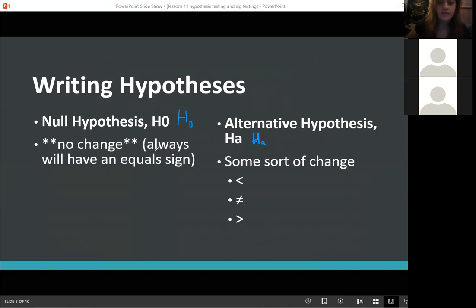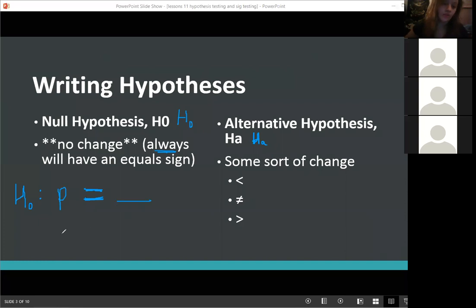And our null hypothesis is always going to have an equal sign, okay? There's never going to be anything else except an equal sign for your null hypothesis. So the only null hypotheses that you could ever have are that p equals something for one proportion, and for means, mu equals something.